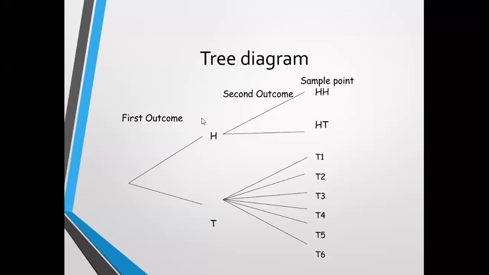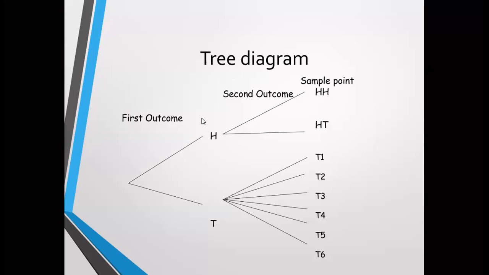Right. We were discussing how to draw a tree diagram when we have this type of situation. In this experiment, the person flips a coin first. So if head occurs, then he flips the coin again.